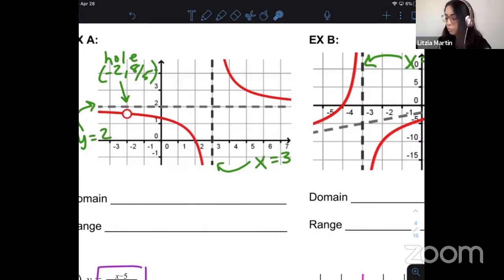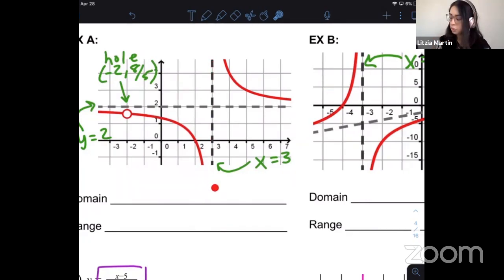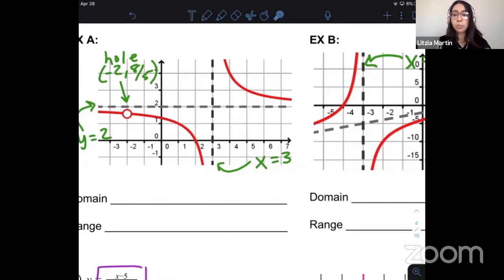So we're skipping over -2, and then all of these x values until we get to the asymptote. This graph is still going to be getting super close to that asymptote. This asymptote is at x equal to 3. So it means we're talking about 2.9999999 infinitely continuing.